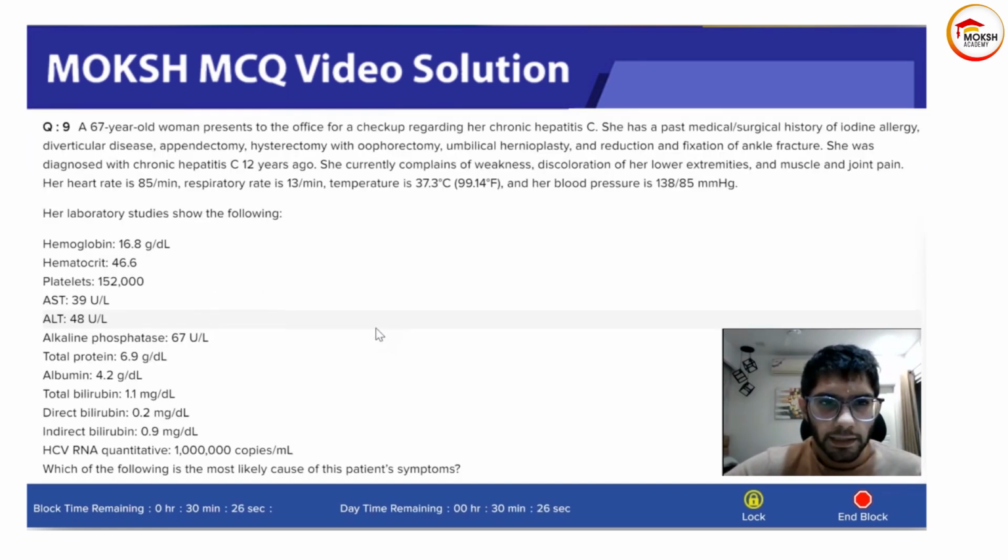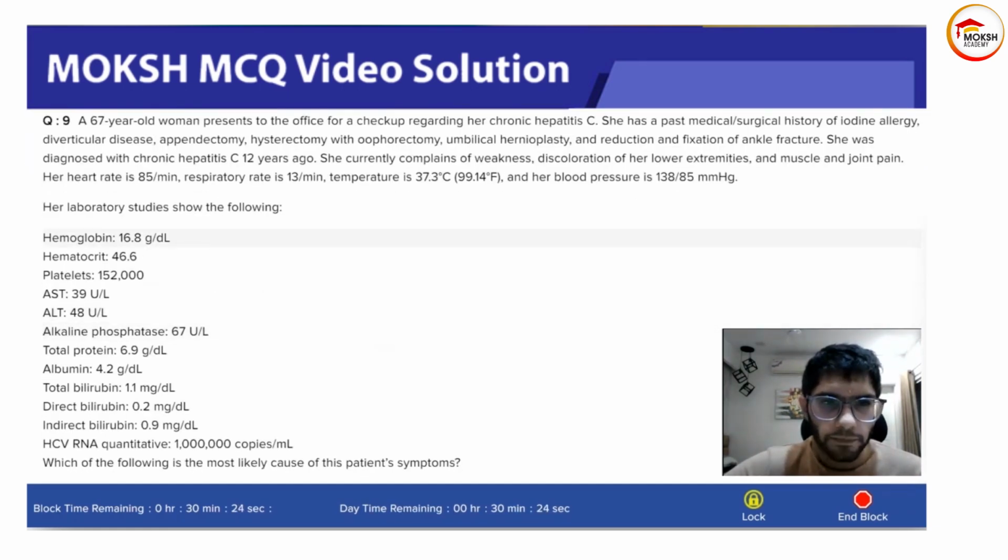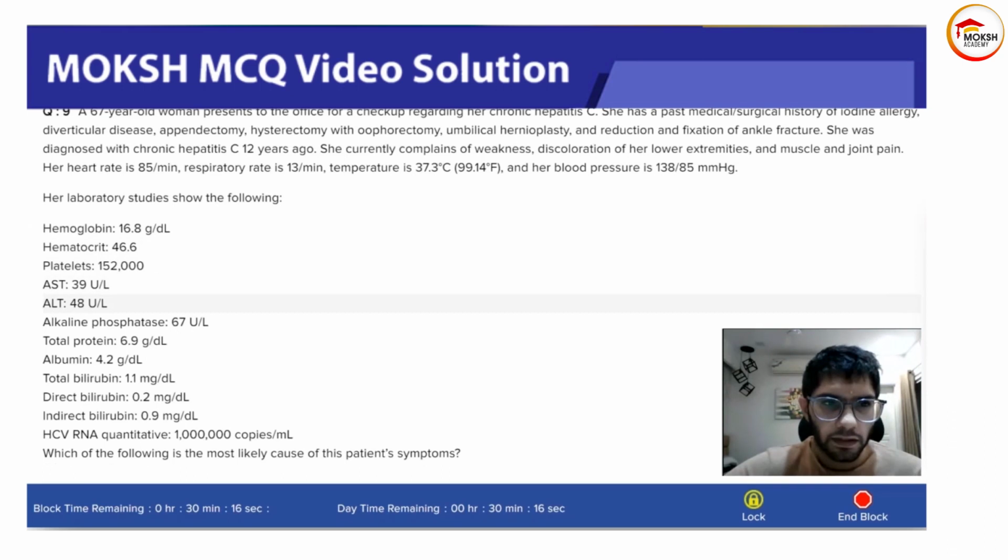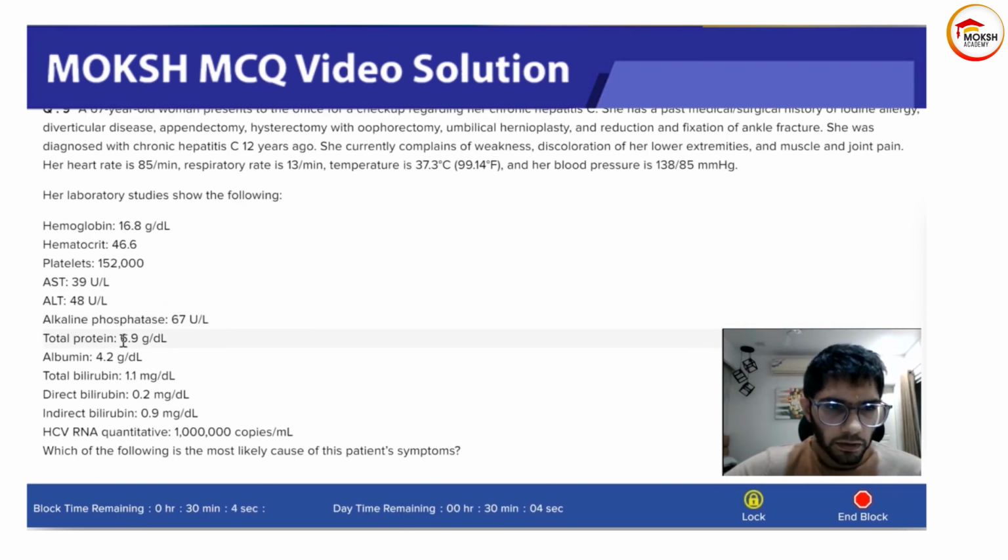Her laboratory studies show the following: hemoglobin of 16.8, hematocrit of 46.6, platelets of 1,52,000, AST, ALT which are in the normal ranges, alkaline phosphatase of 67, which is again normal range, total protein of 6.9, albumin of 4.2, total bilirubin of 1.1, direct bilirubin of 0.2, indirect of 0.9.